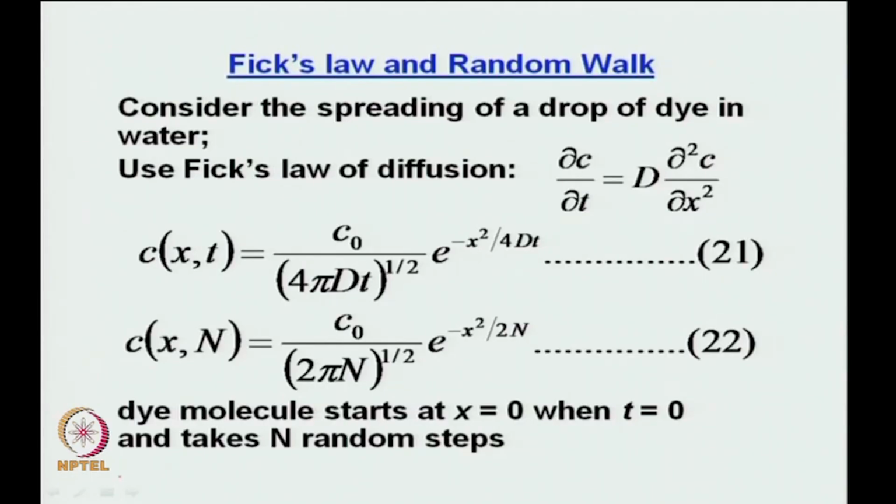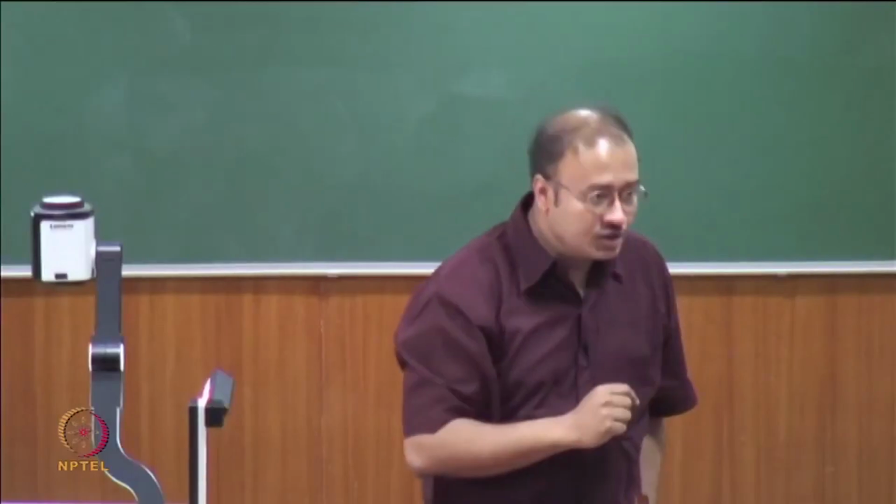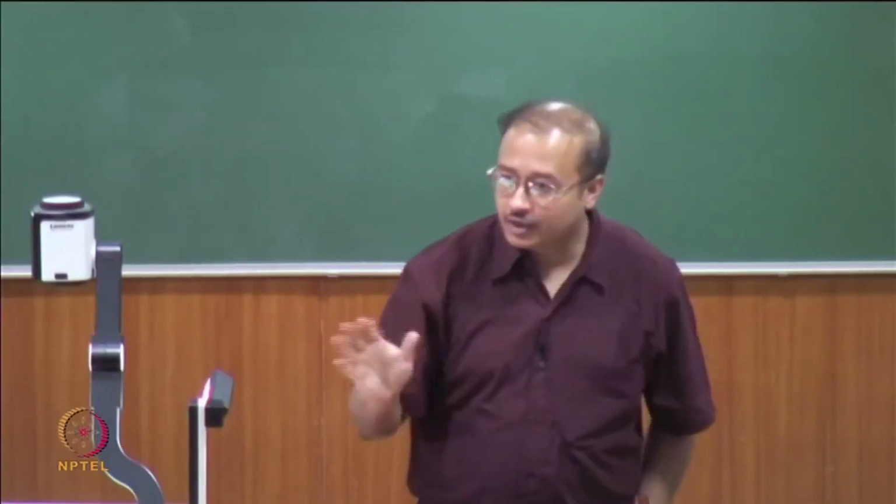So, then what does it mean? What it means is that there has to be a relation between the number of steps you take and the time, obviously, because taking a certain number of steps you would need some time to do it, and it should be related by the diffusion coefficient D, by some relation or the other.